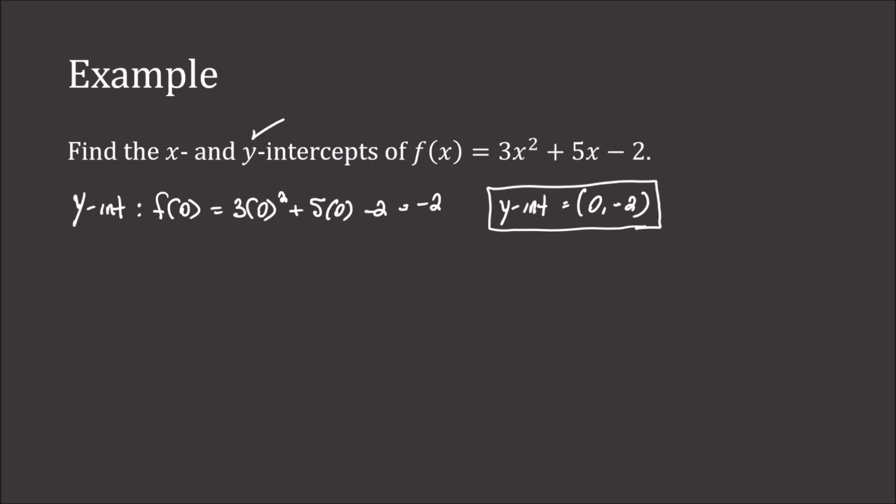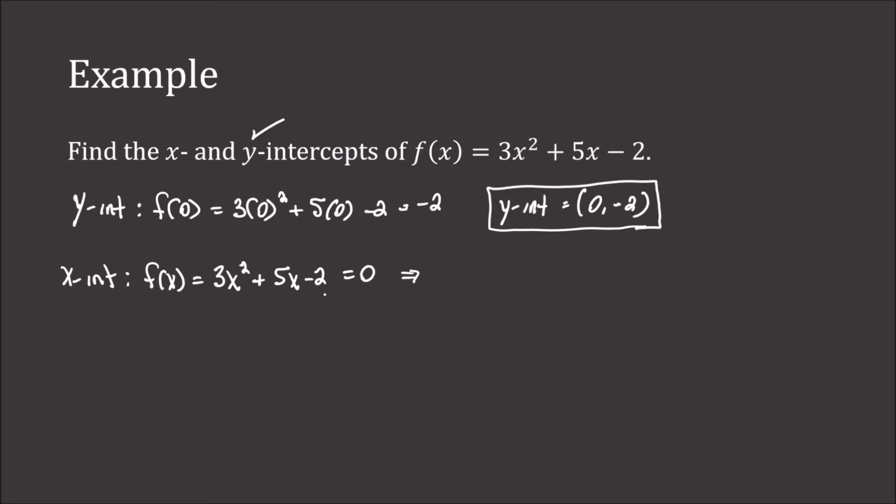Now we just have to find the x-intercept. Well, the x-intercept, remember, is where y is equal to 0. So we want f of x, which is 3x squared plus 5x minus 2, to equal 0. And so we want to solve this. We could use the quadratic formula, but we could check to see if this factors.